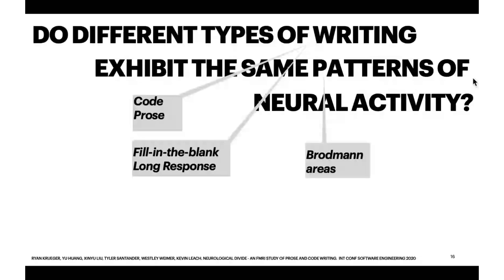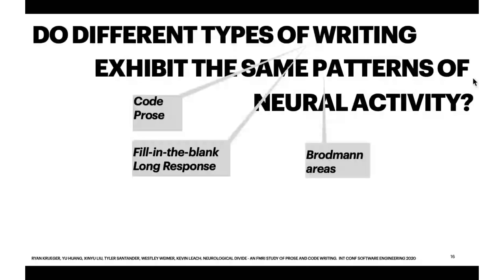You might remember that in the experiment, subjects have been offered two types of tests. They were either supposed to write a small piece of prose or a small program, which is what the authors called long response, or they have been given a sentence or a code snippet with some parts missing. This was the fill in the blank exercise.